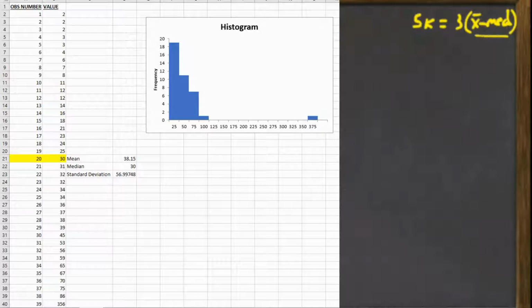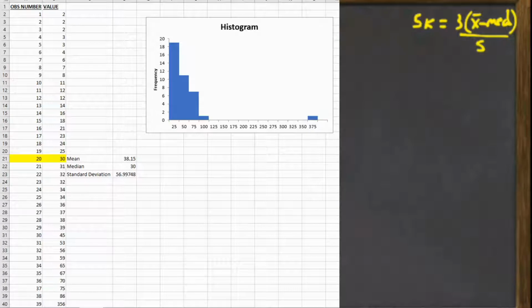And then divided by S, where S is the standard deviation, right? And X bar is the mean. So S and X bar tell us we're talking in sample methods here, but we could translate this to a population as well, with mu and sigma. But the essence here is X bar minus the median, right?